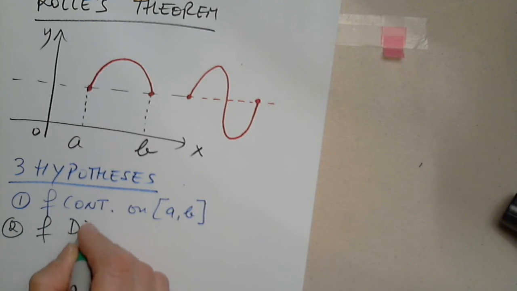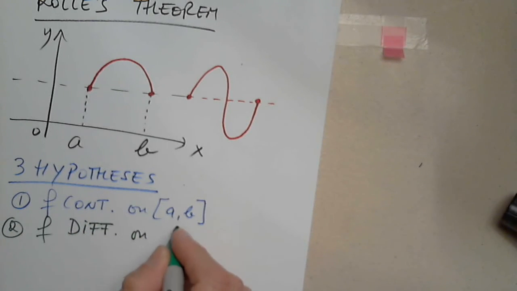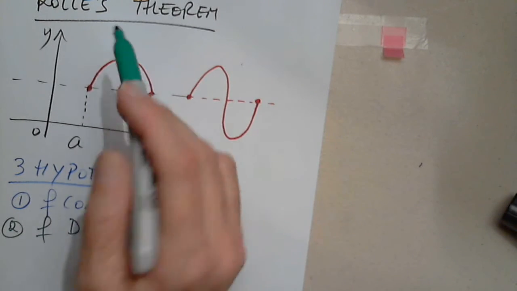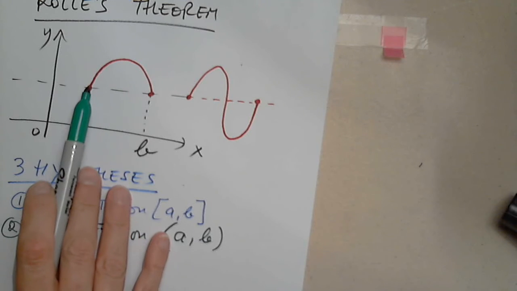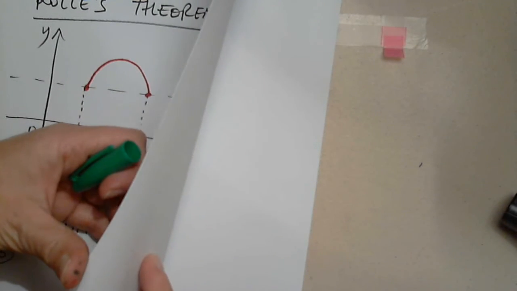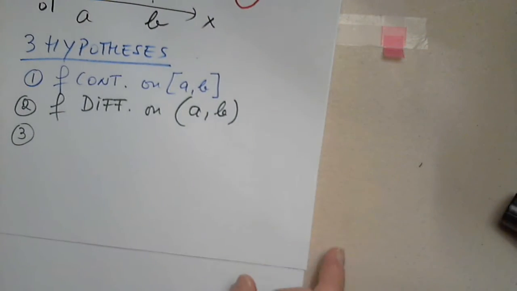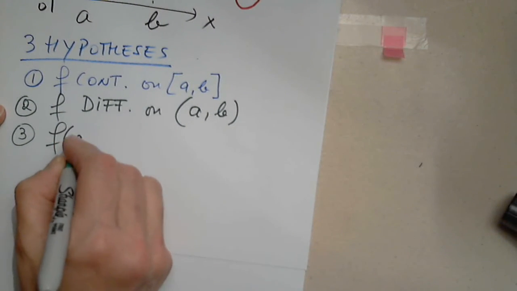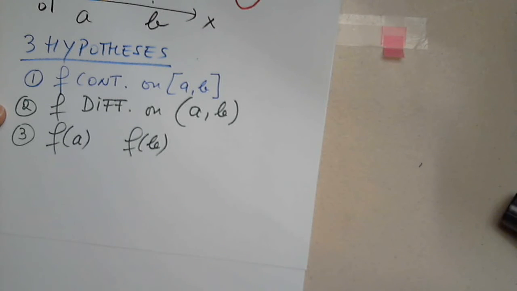Number 2, f differentiable on at least (a, b). You may have a vertical tangent here, but I don't care. It's differentiable between a and b, doesn't have to be differentiable at a and b. And the third hypothesis is that f of a and f of b, looking at the graph, must be equal. Excellent.